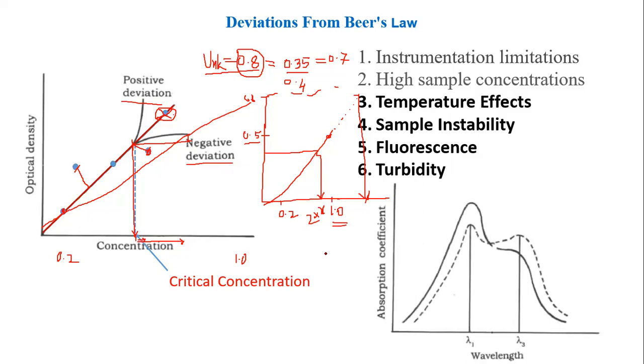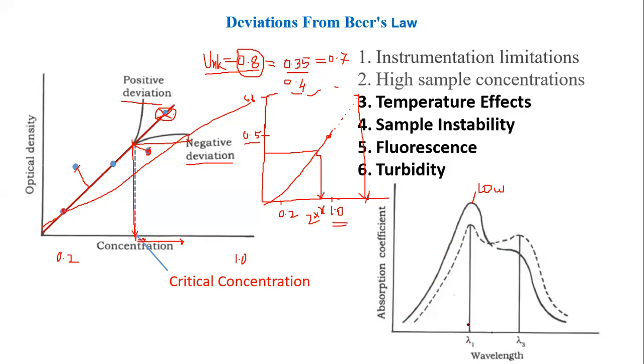Imagine now, when I plot the absorption due to my sample at different wavelengths, when it is at a low concentration value, below critical concentration, the pattern of absorption that I see is somewhat like this.